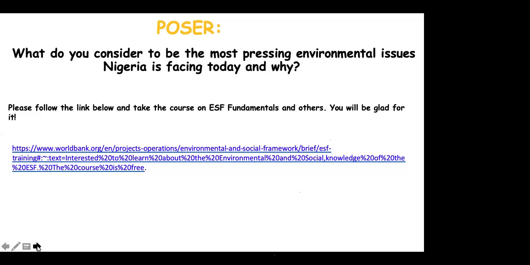So which one has a major impact? Which one is the impact more pronounced? If, for instance, desertification is affecting 20 million persons, while gas flaring is affecting 201 million persons, which one do you think has more effect? So you look at that program from that. Okay, so I rest my questions.